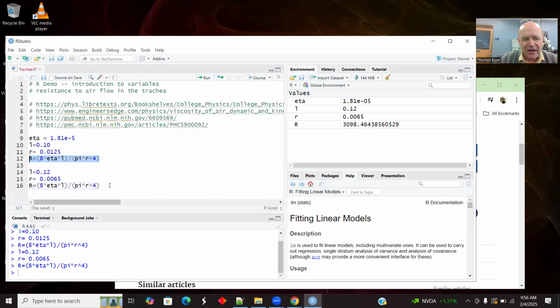The eta can change, it depends on temperature, but I didn't bother changing that one. But I talked about differences from human to human, different bodies, so I changed the L and I changed the R. That's it for this one. Thanks for your attention.